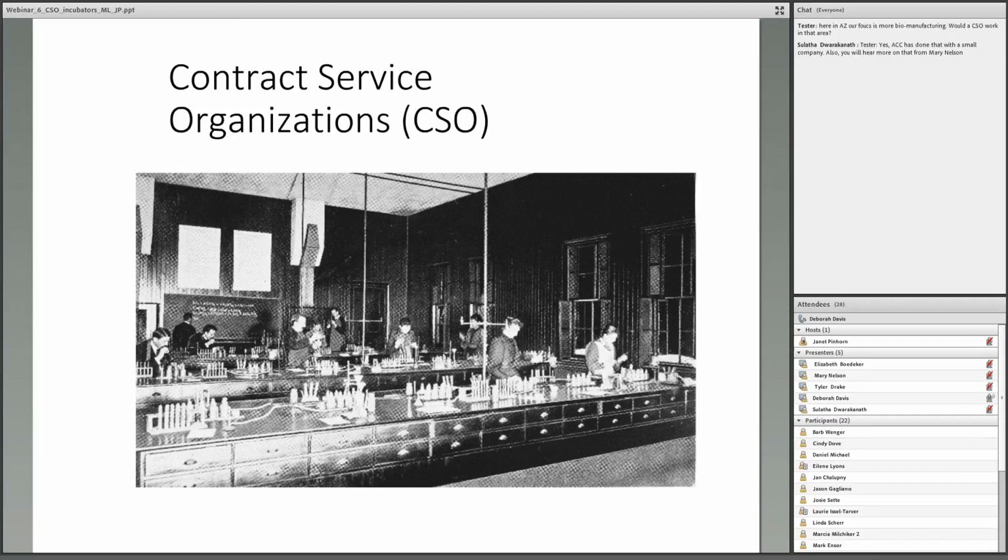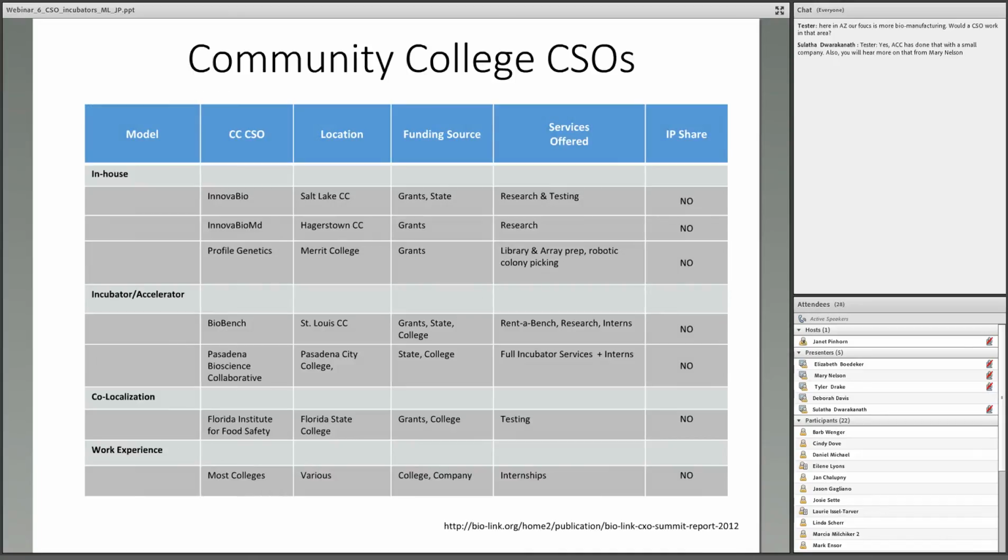But sometimes the community colleges are usually run by a one-person program, and they have to do all the teaching and all the committee work and things like that. So we are really stressed. So what we're trying to do is solve those types of problems. So that is CSOs in a nutshell and what we're trying to do.